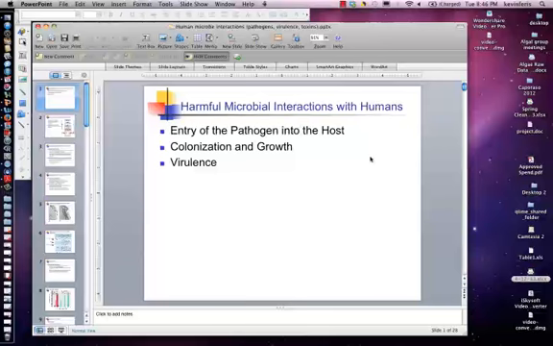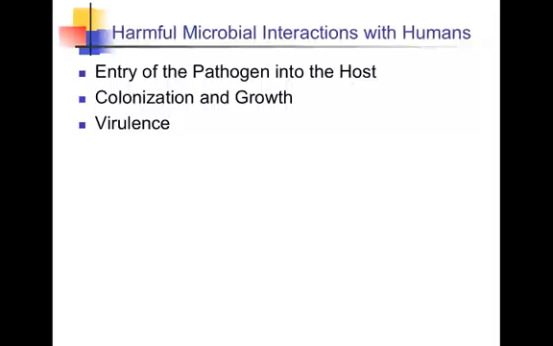We will continue our discussion of human microbe interactions, and specifically in this last installment we will talk a bit more about pathogens and routes of introduction into a host, colonization and growth, and virulence, and then we will talk about a few examples of mechanisms of virulence and cover a few more specific pathogens and their means of virulence.